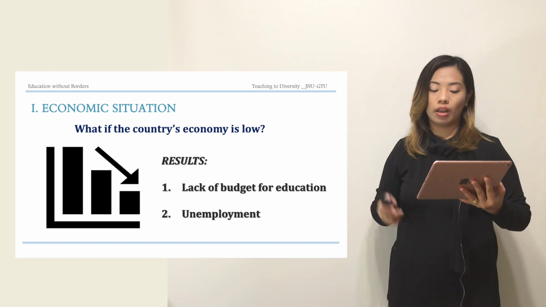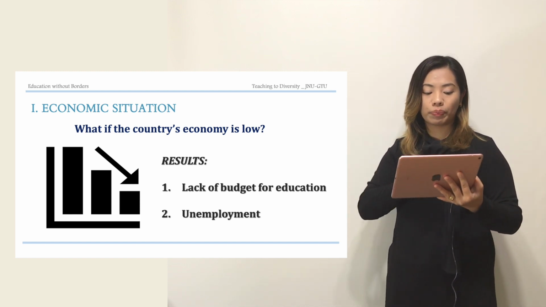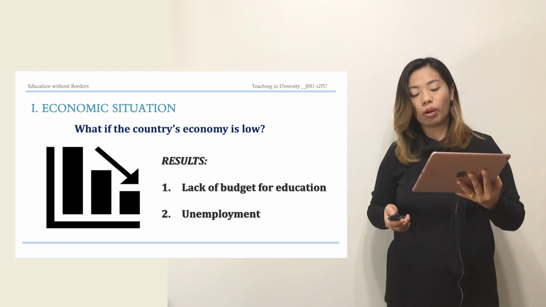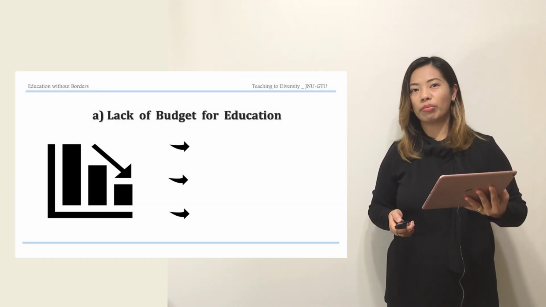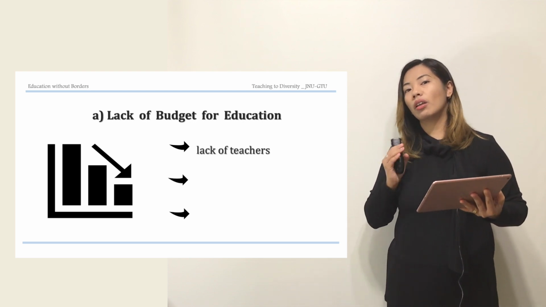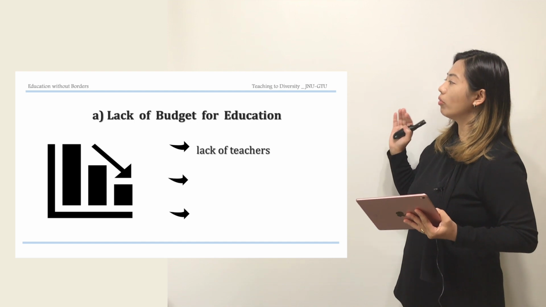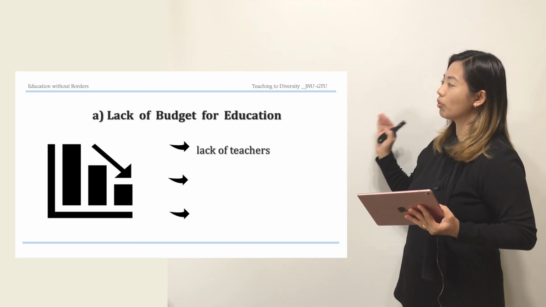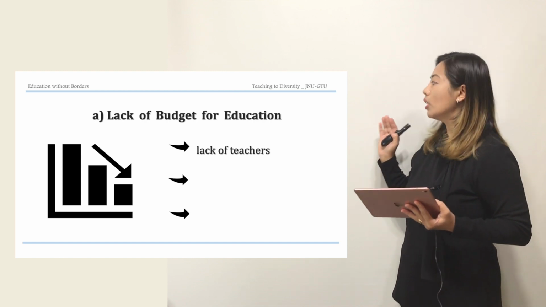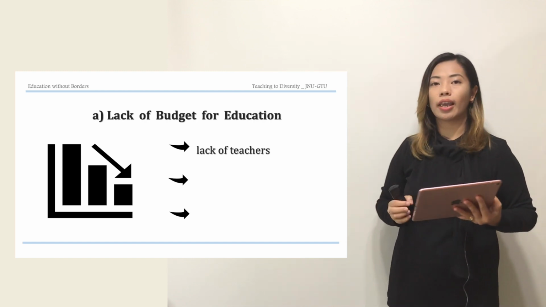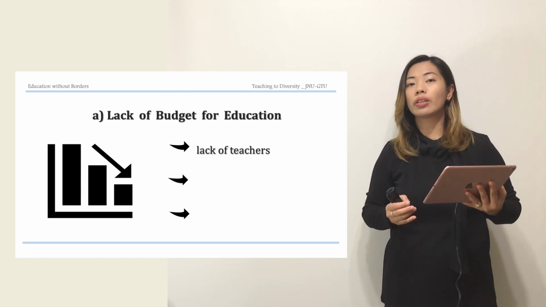Now, if we have this kind of problem here in the Philippines, of course, if we do not have enough money or budget for education, the first problem is lack of teachers who are capable of handling students.